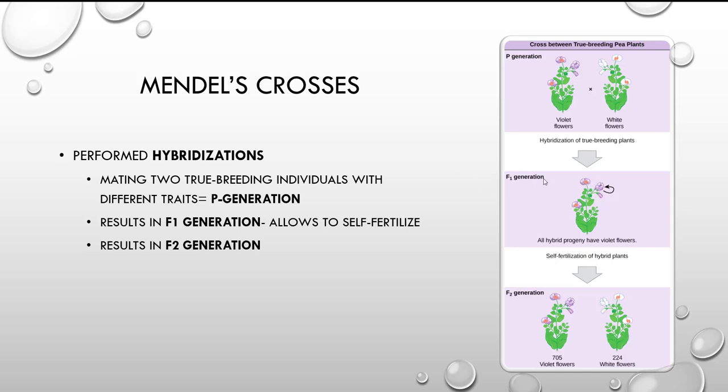The F1 generation is the first generation from the parents. It actually stands for filial generation, but I always think of it as the first generation from the parents. They all had purple flowers. That was something he found interesting: even though one of the parents had white flowers, all of the offspring had purple flowers. That was one thing that he observed.